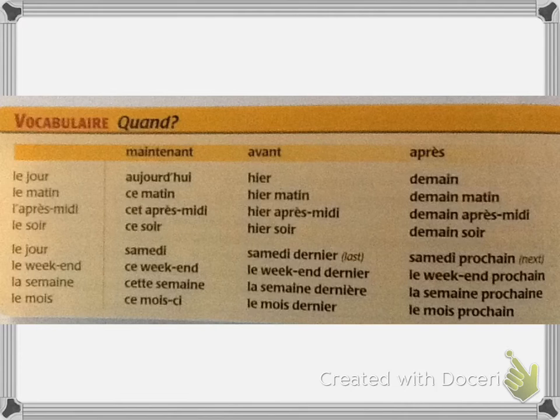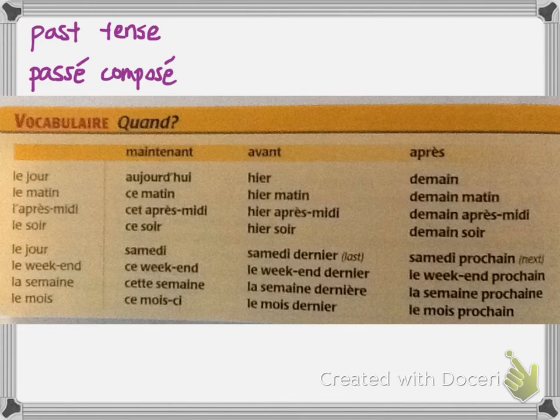All right, so we see this vocabulary box, and this vocabulary box is to help you because now you have really 3 forms of verbs, right? You can talk about the past tense using the passé composé. You can talk in the present tense with your regular conjugations.